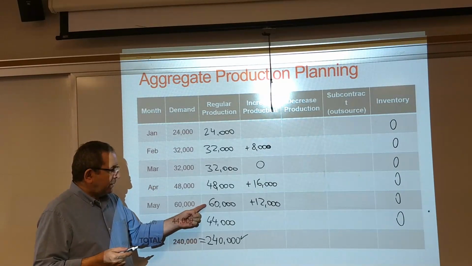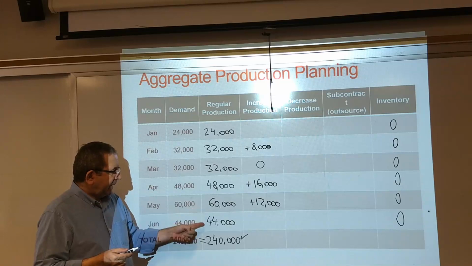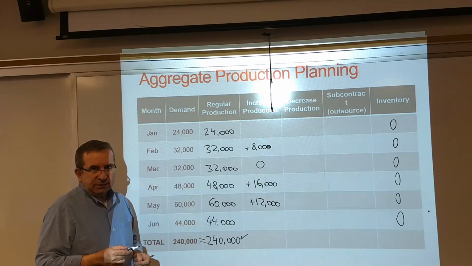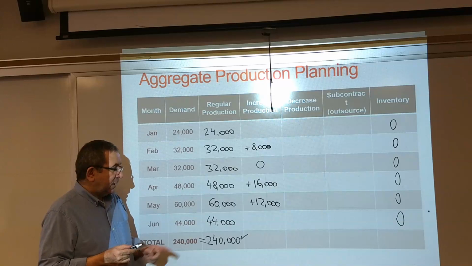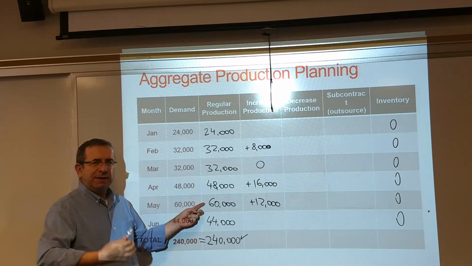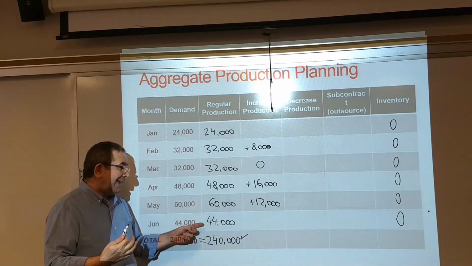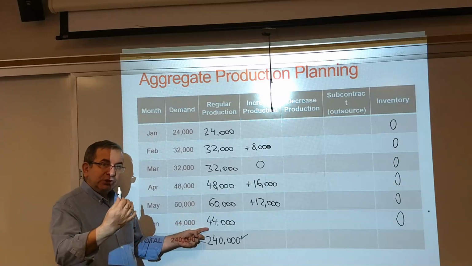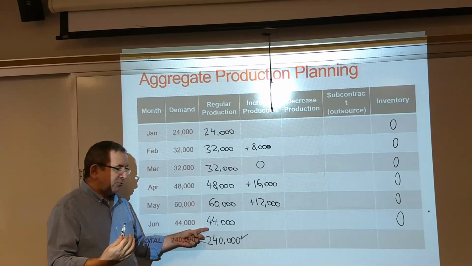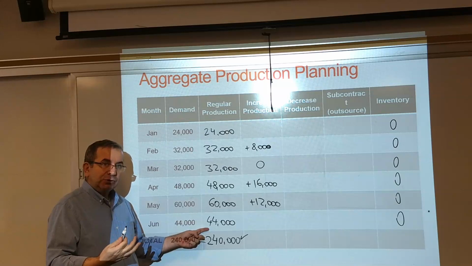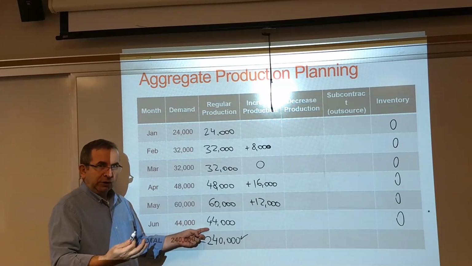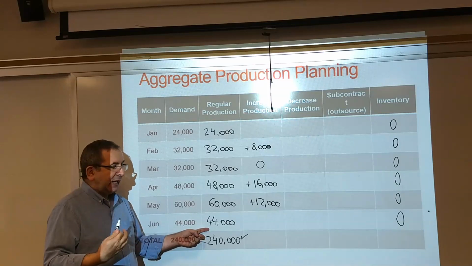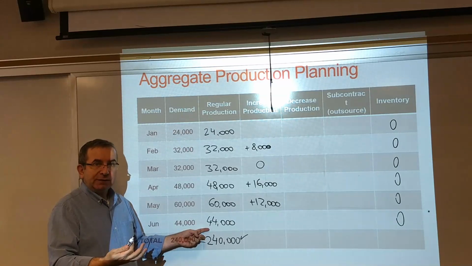Here, you go from 60,000 to 44,000. You have a lot of equipment, you have a lot of workers. Here, you need to reduce production. How do you do that? You lay off workers and you sell extra equipment.